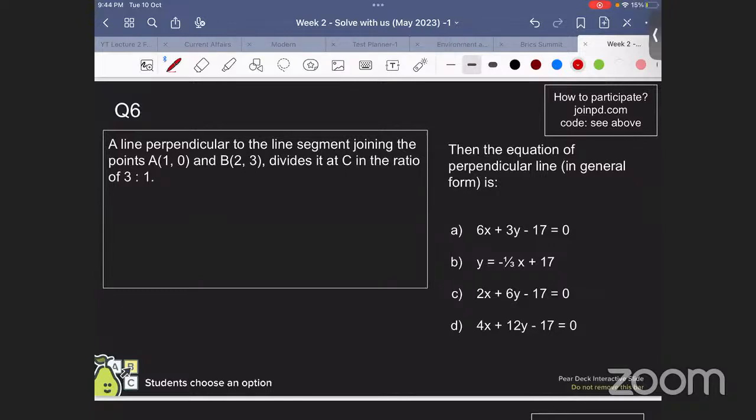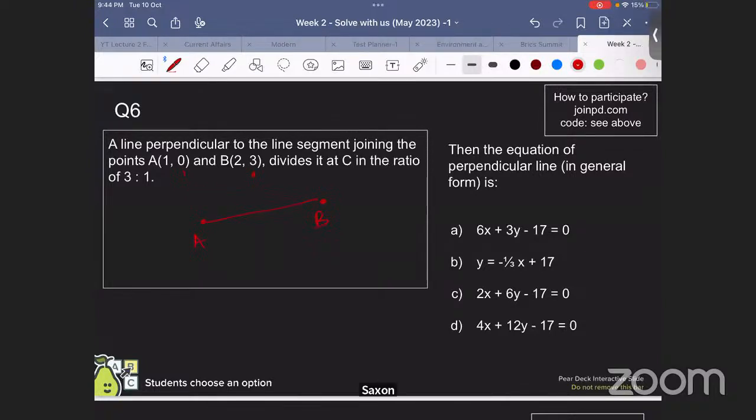So you have to calculate the line perpendicular to the line segment joining these two points. What is the equation of AB? Can you tell me the line joining AB? Section formula is used, sir. Sir, let me calculate.